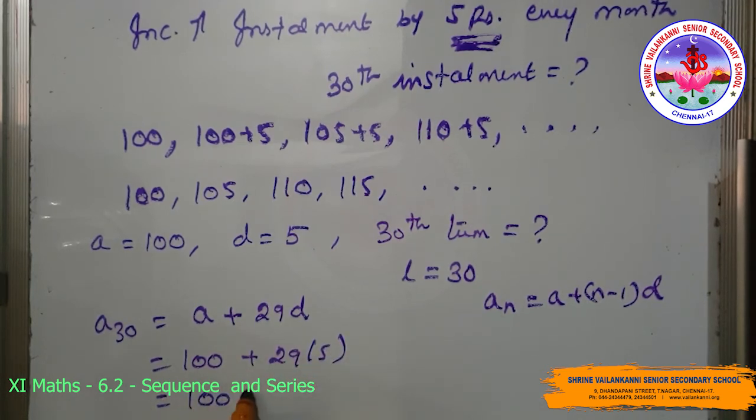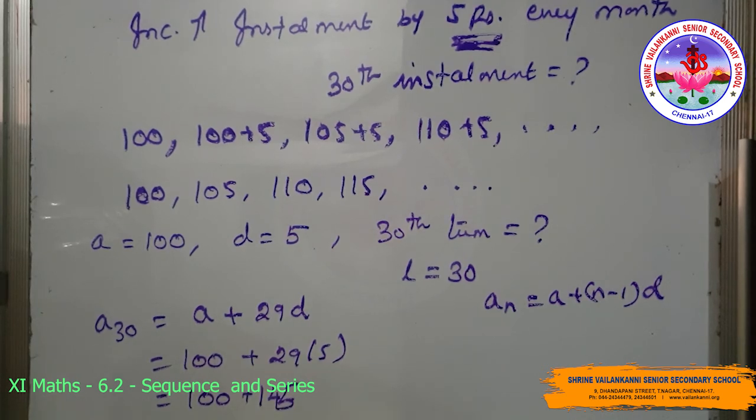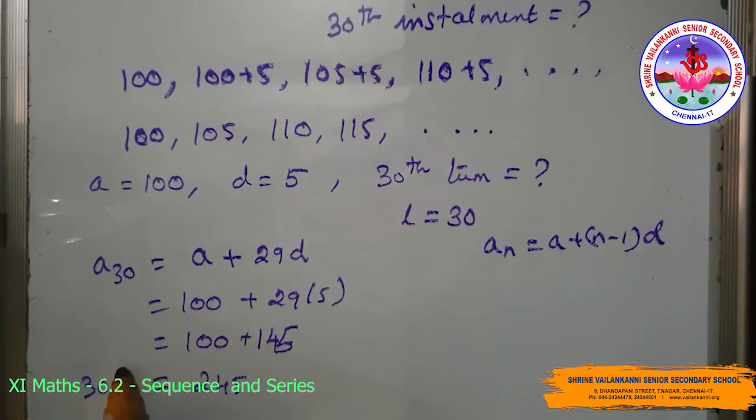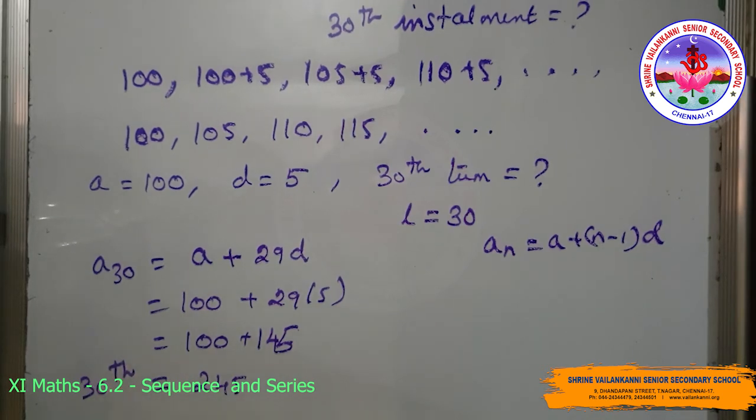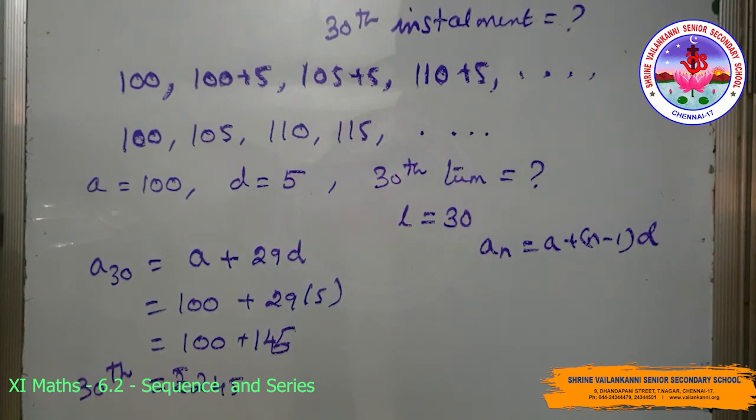So 100 plus 145, which is equal to 245. So the 30th installment is rupees 245. Therefore, the amount to be paid in the 30th installment will be rupees 245.